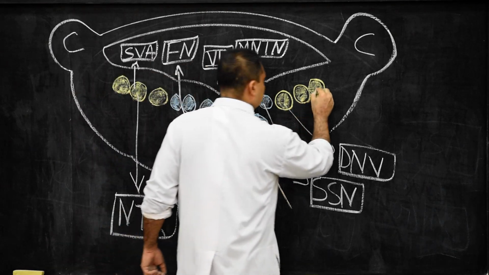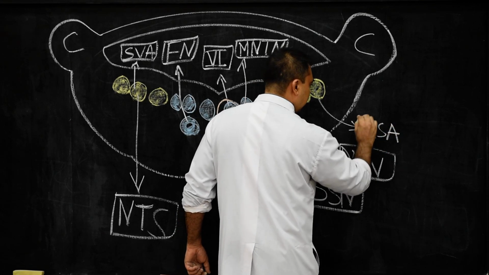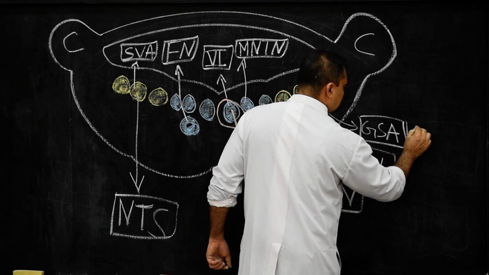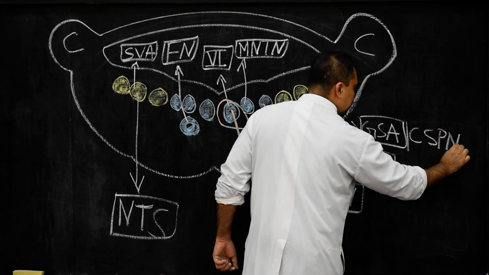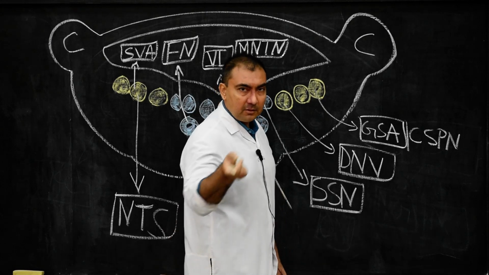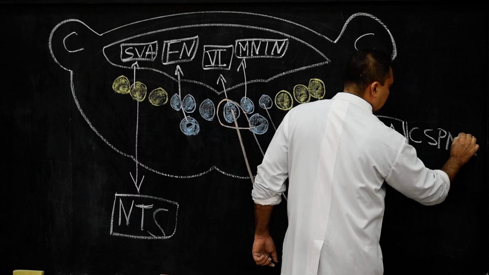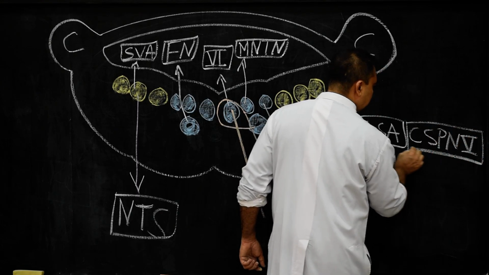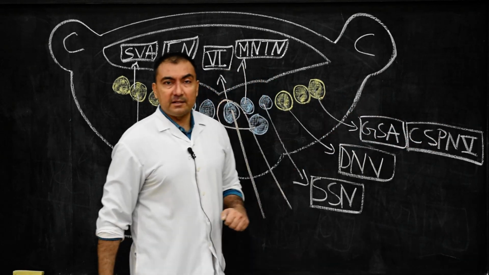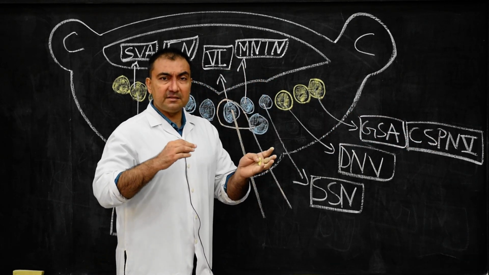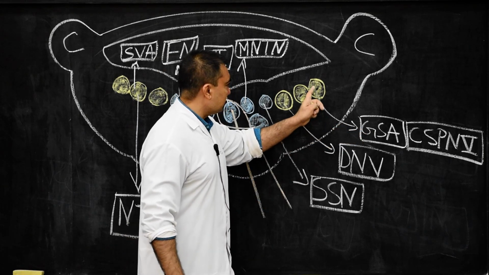So here we will write this down as general somatic afferent, and it will be represented as the chief sensory pontine nucleus of which nerve? Trigeminal, that is the fifth cranial nerve. The chief sensory pontine nucleus of the trigeminal nerve, or simply the chief sensory nucleus of the trigeminal nerve, is developed from general somatic afferent.